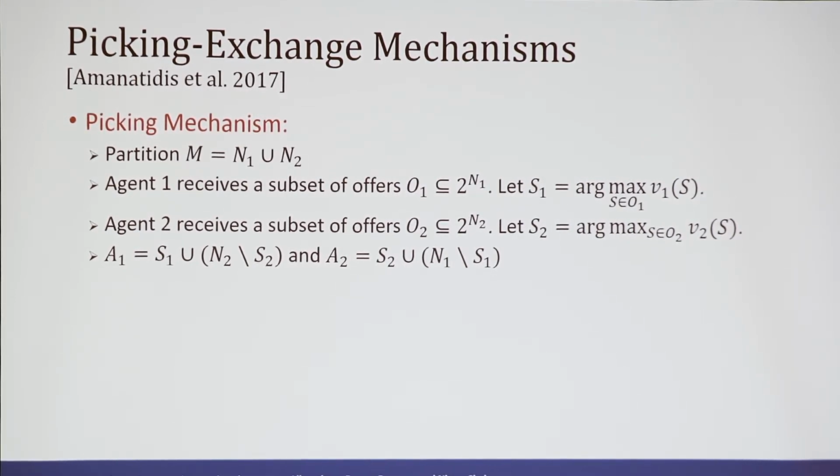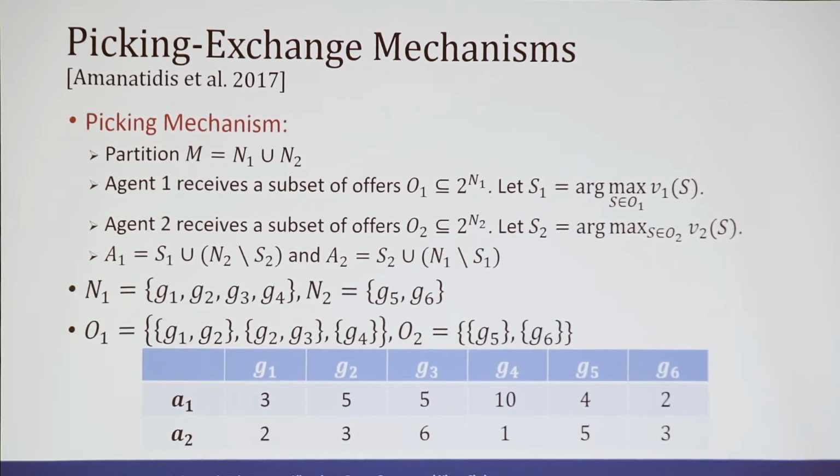Then it gives agent 1 a set of offers O1, which is basically a set of subsets of N1, and agent 1 chooses which of these subsets they prefer the most. Everything else in N1 goes to agent 2. Then we do the reverse for agent 2 and set N2.